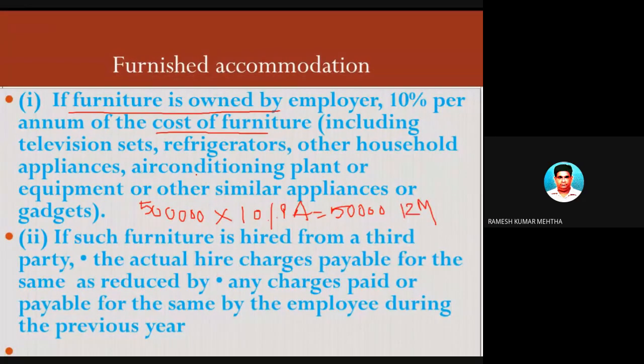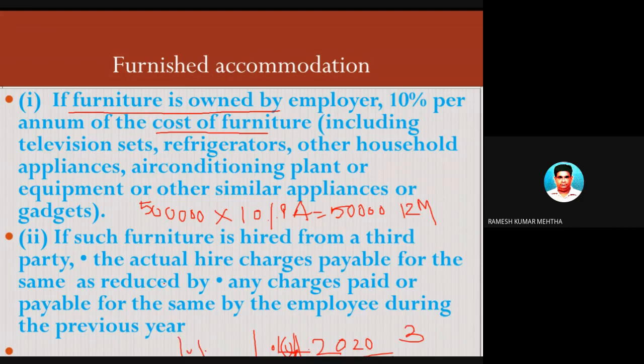Now, if he is not using this furniture for the full year, for example, he goes to a new house provided by the employer on 1/1/2020, he is not utilizing it for the whole year. He is utilizing it for only 3 months.